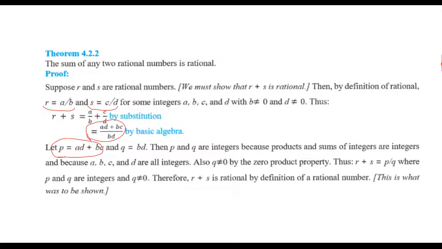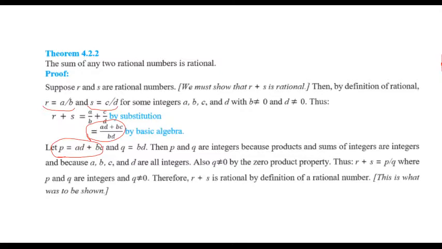So p and q are integers because, as I said before, the set of integers is closed under summation and multiplication. So ad plus bc is an integer, and bd is also an integer because b and d are both integers.